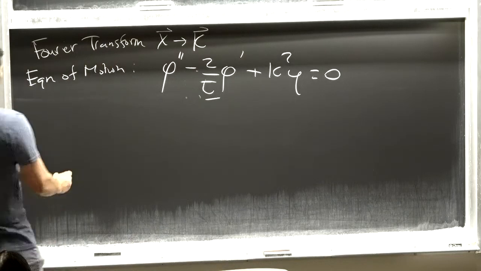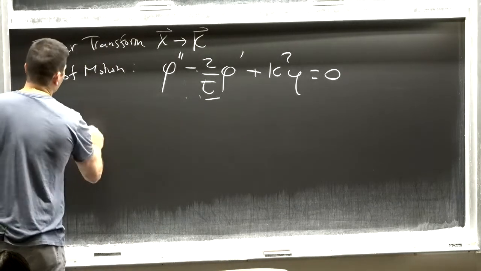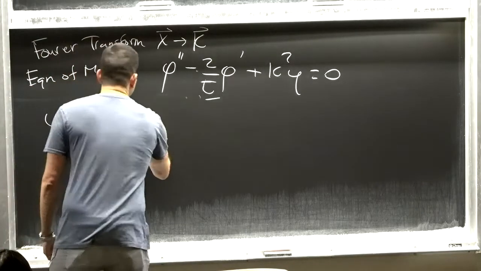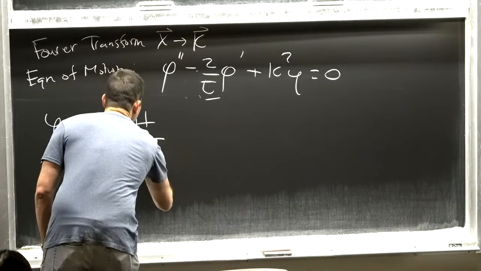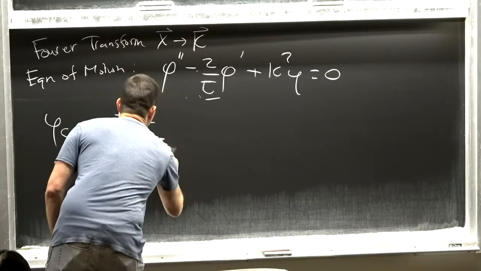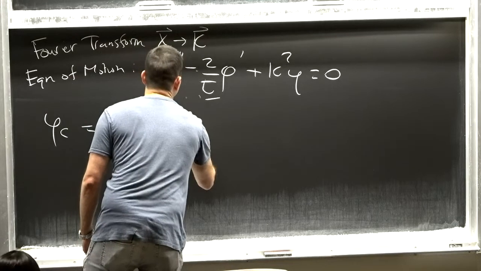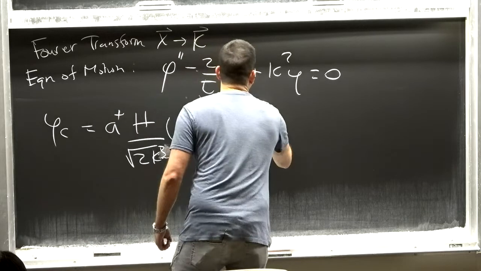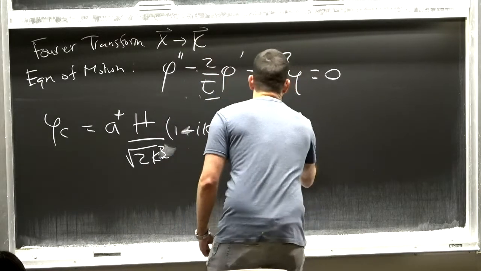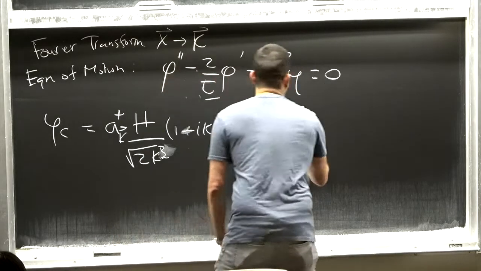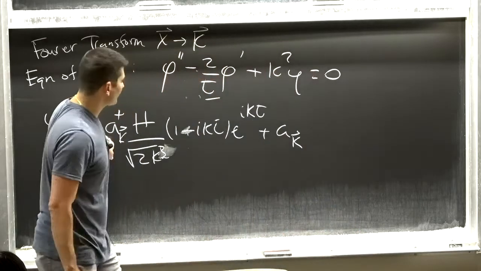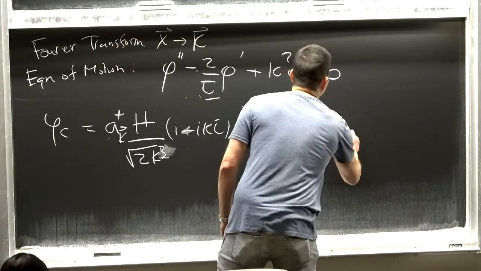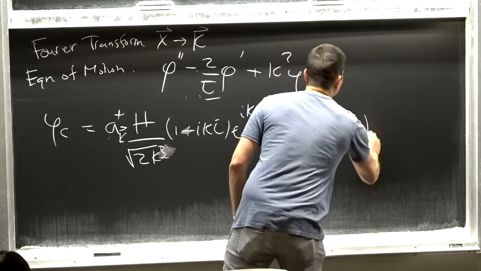Now you can solve this equation, so that the classical solution we're going to write, in a very suggestive way, as (1 minus ikτ) e to the ikτ plus the conjugate. So I've chosen my two constants of integration to be a_k dagger and a_k, because I'm writing complex solutions.